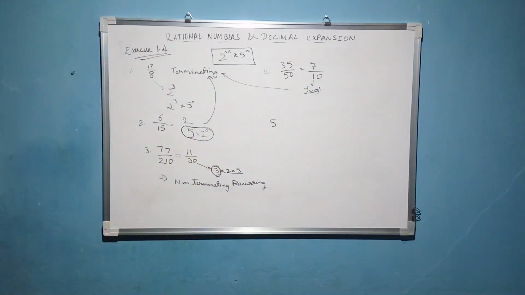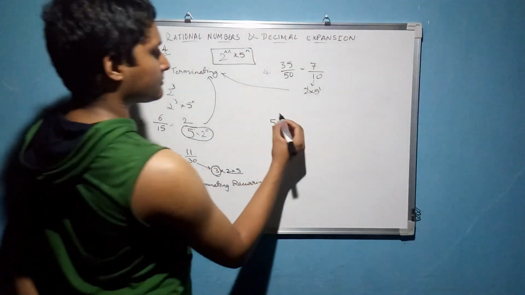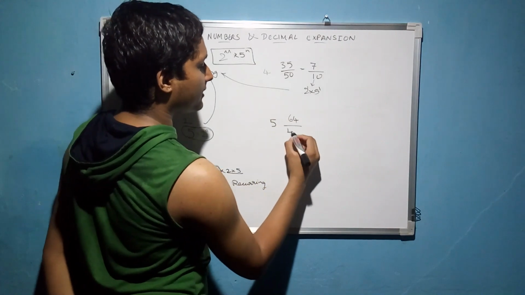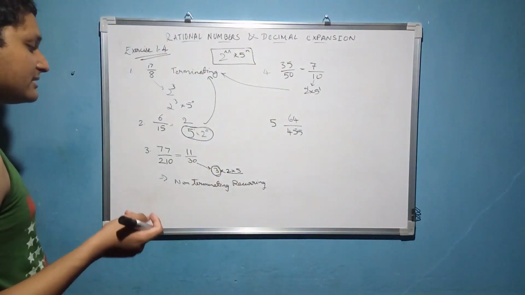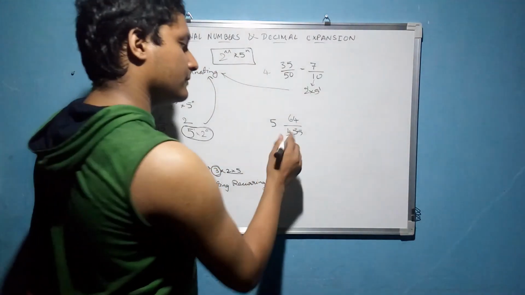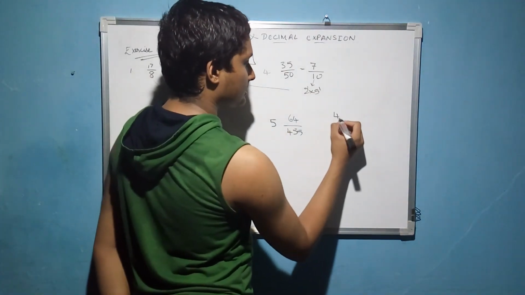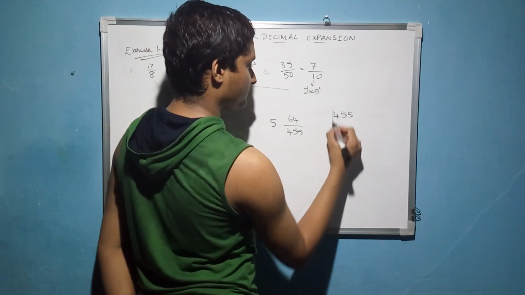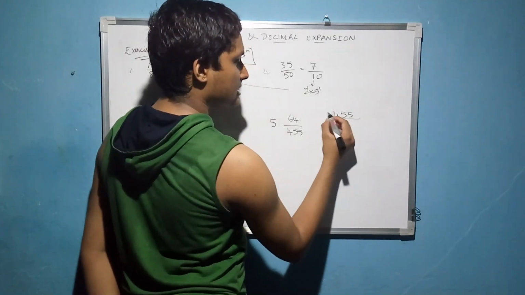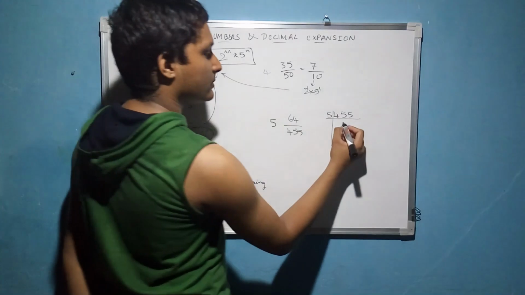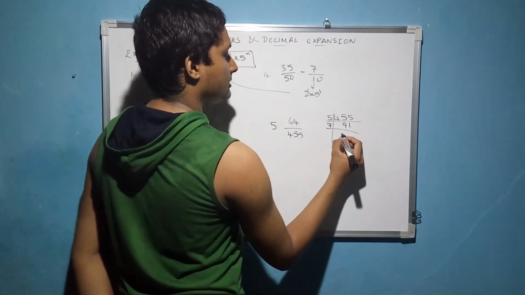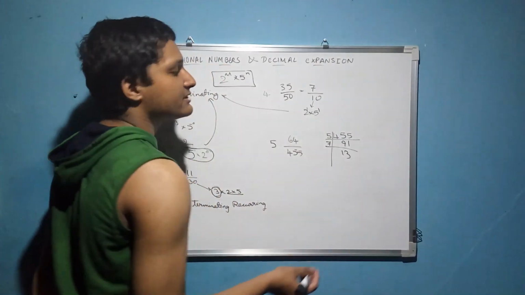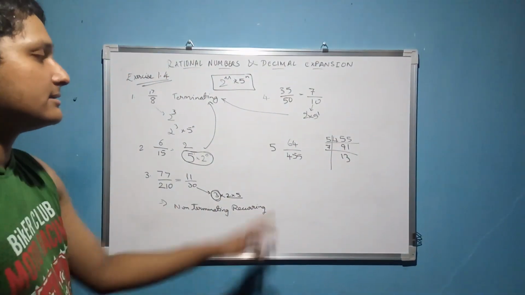Next, the fifth one, and the last one as of now, that comes to be 64 by 455. Till now we didn't try prime factorization because it was simple numbers. Now we'll do prime factorization of 455. 5 is divisible, so it comes to be 91. 91 is divisible by 7 and 13. 13 into 7 is 91.